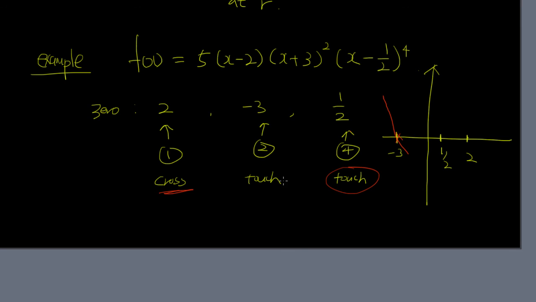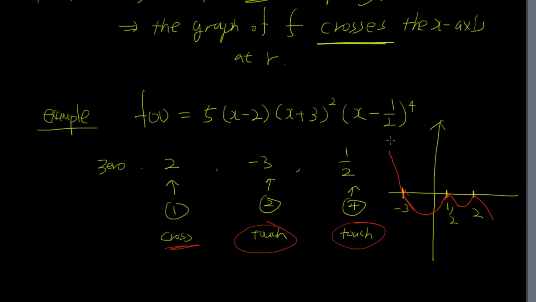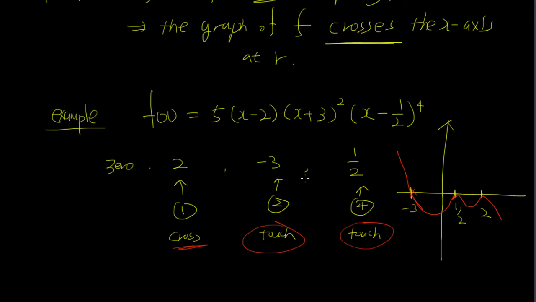It's going to touch here, not cross. It's going to bounce back to touch, and it's going to touch here again. It's going to go up and bounce back. It's not crossing at that point, it's going to touch at that point. So by analyzing the multiplicity and the zeros of this function, we have a fairly accurate general idea of what this function should look like. All right.